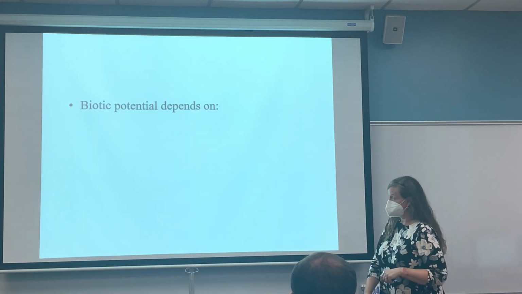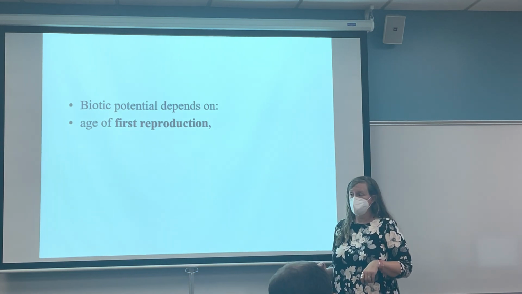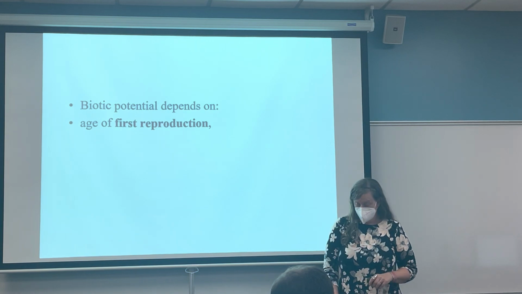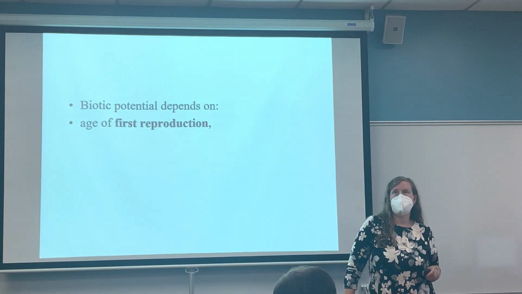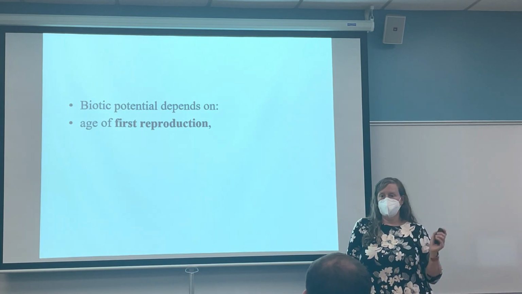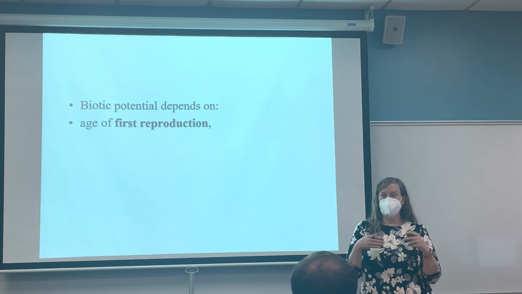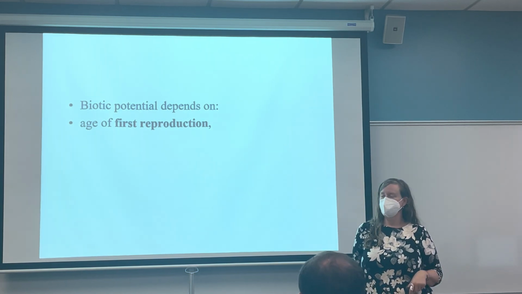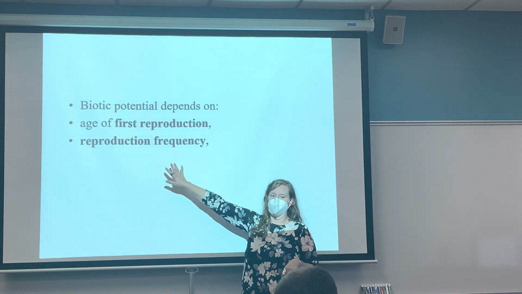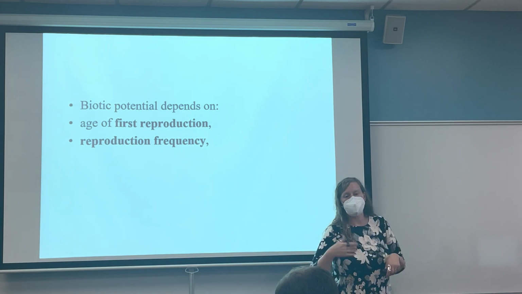So biotic potential depends on age of first reproduction. So let's say that I started reproducing and having kids at the age of 9. Do I have the potential to add many humans to the population? Yeah, right? What if every year I had a baby? How frequently I keep adding.